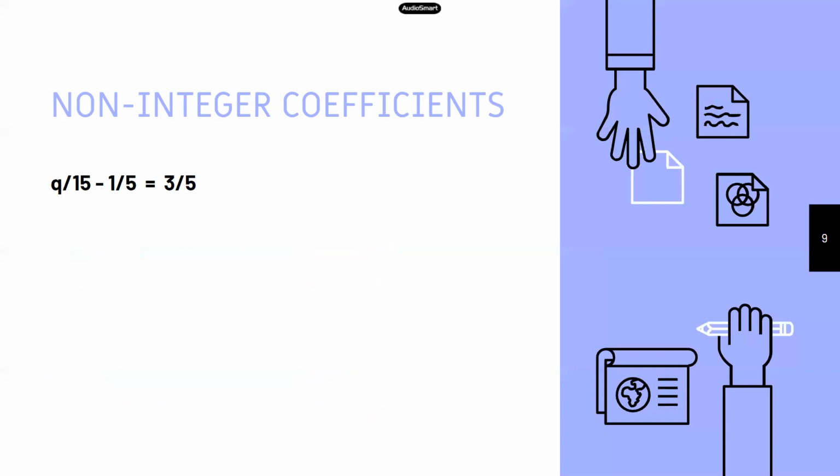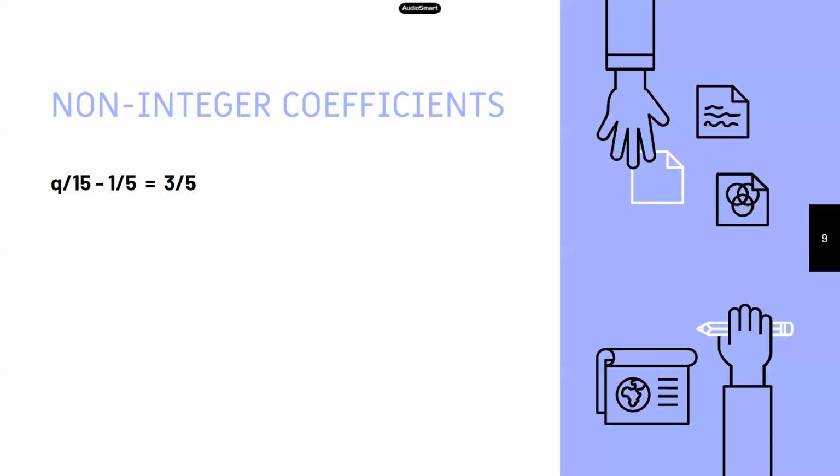Alright, so over here we have a variable as q, and the equation that we're working with is q divided by 15 minus 1/5 equals 3/5. So don't let the fractions intimidate you. We can just take this one step at a time, just like we did with the last one.